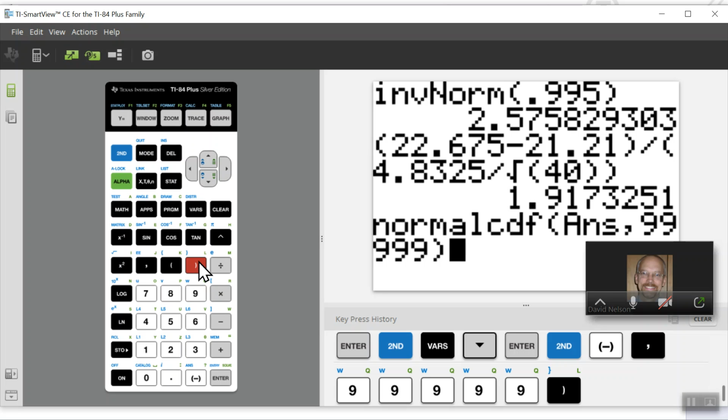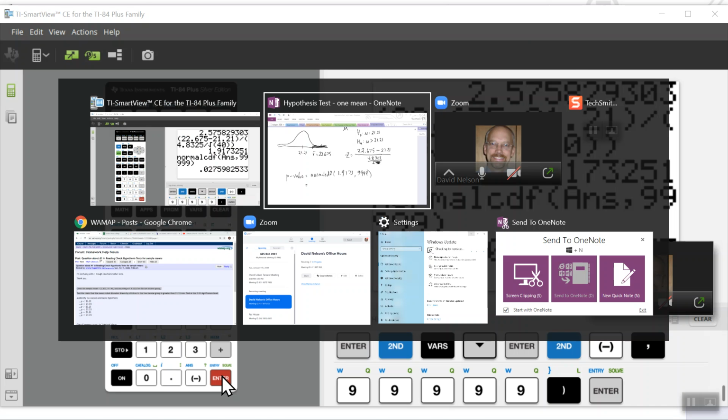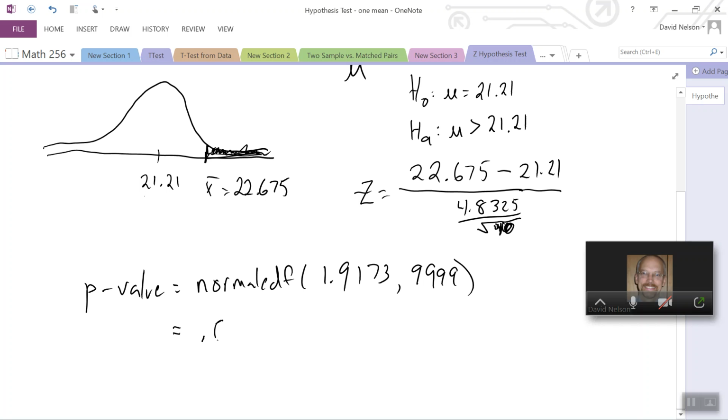And again, if your calculator is asking you for a mean and standard deviation, and you've calculated a z-score like this, then you want to put in the mean is 0 and the standard deviation is 1. When we convert to a z-score, we've converted to the standard normal distribution, where the mean is 0 and the standard deviation is 1. And I get a p-value here of 0.0276, or 2.76%.